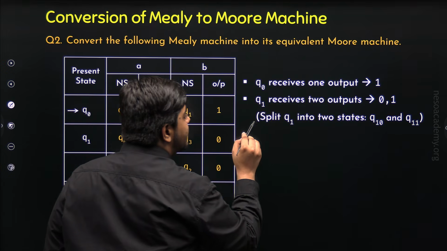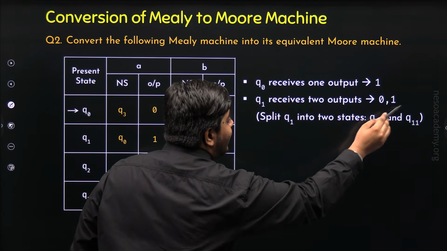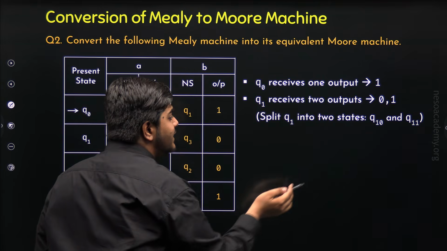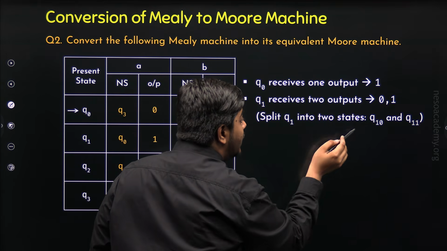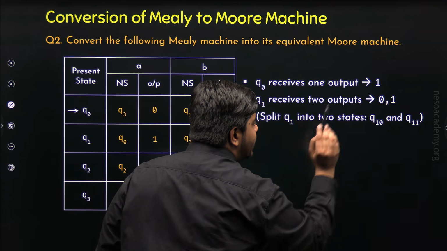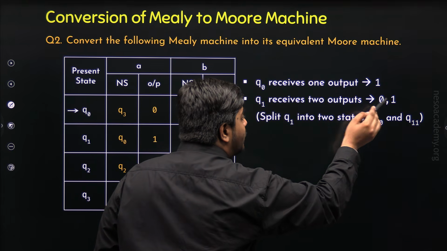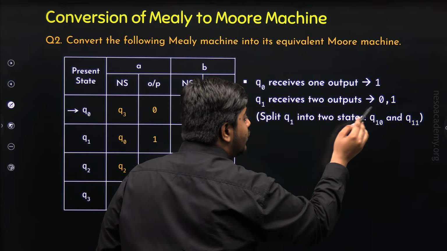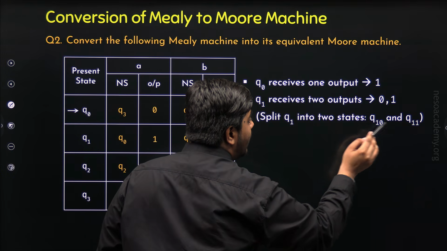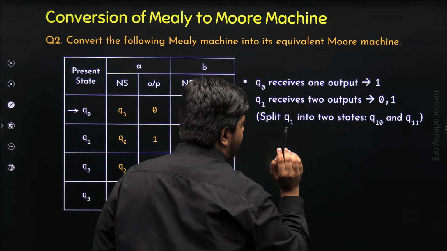That is why we will split Q1 into two states, Q1 0 and Q1 1. Q1 0 means Q1 having output symbol 0 and Q1 1 means Q1 having output symbol 1.